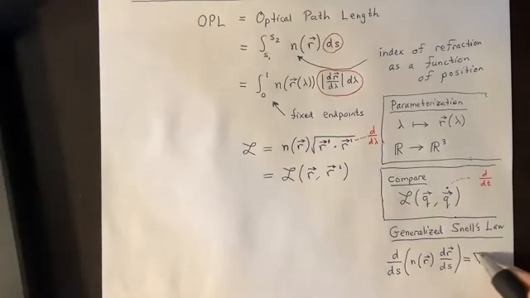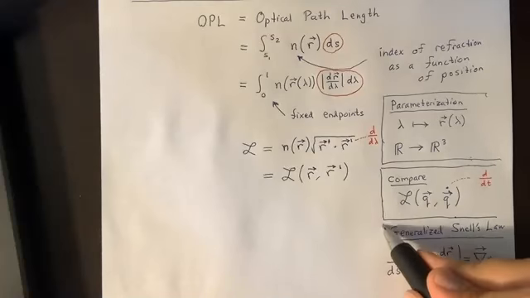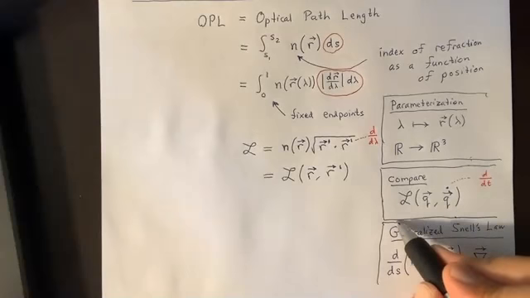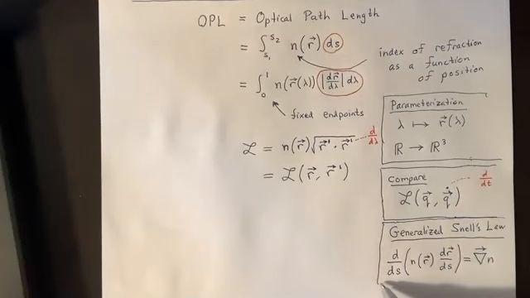Here it is. That's the generalized Snell's law. It's kind of a surprising result, and I would claim the average person out there is not aware of this generalized Snell's law.